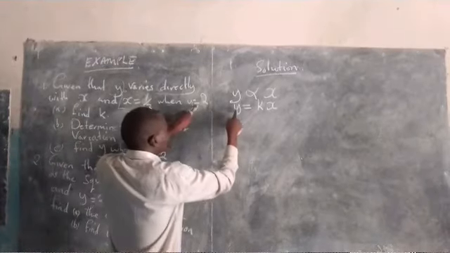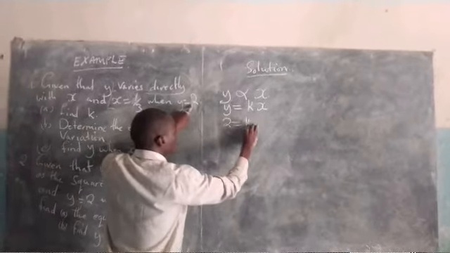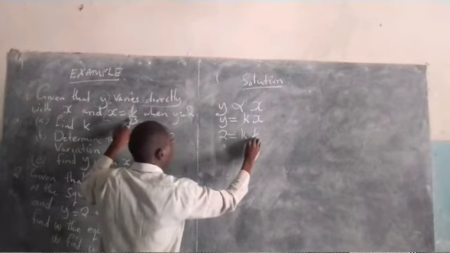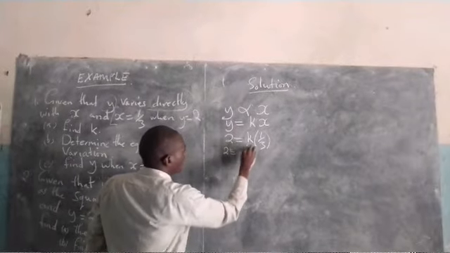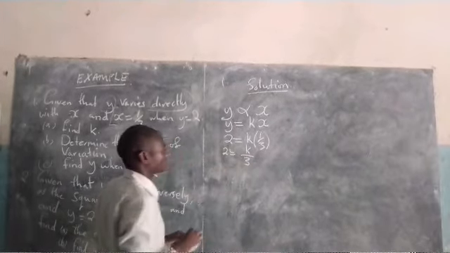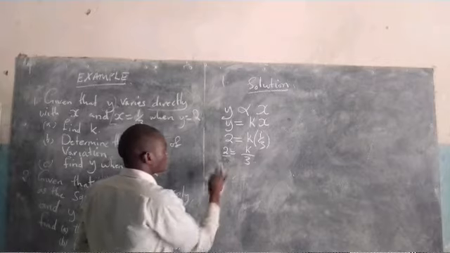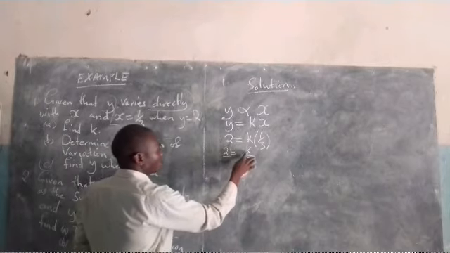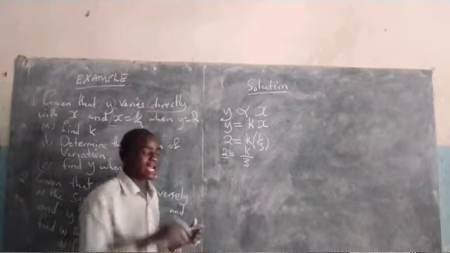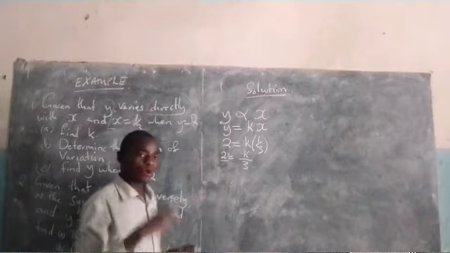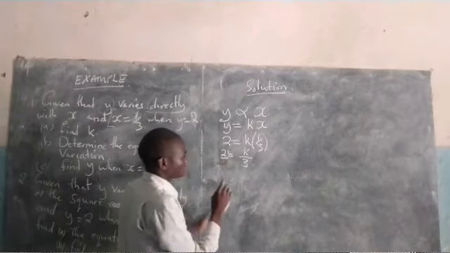So we substitute where there is x and where there is y: 2 is equal to k, which we don't know, times 1 over 3. So we have 2 equals k over 3. To solve for the constant k, we cross multiply, or we introduce the reciprocals.